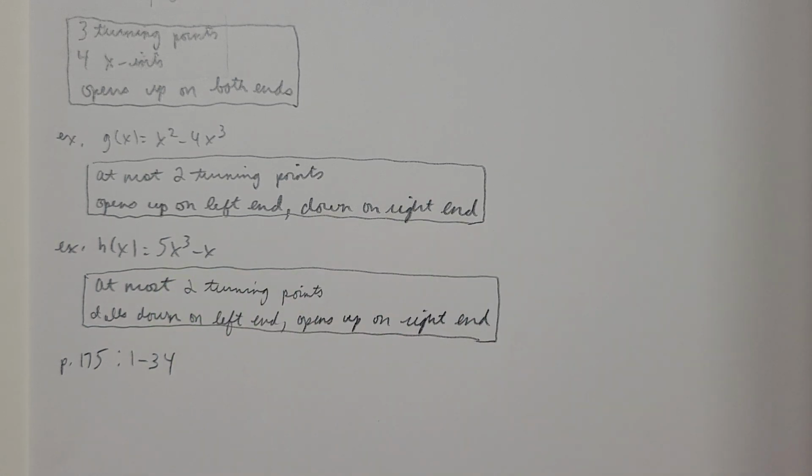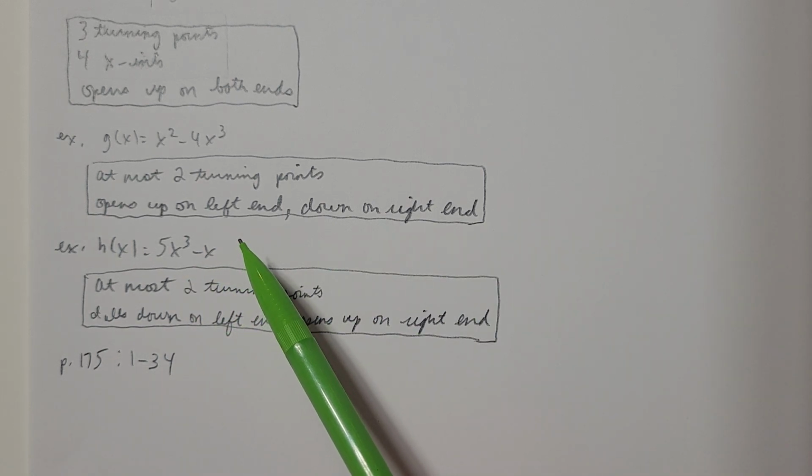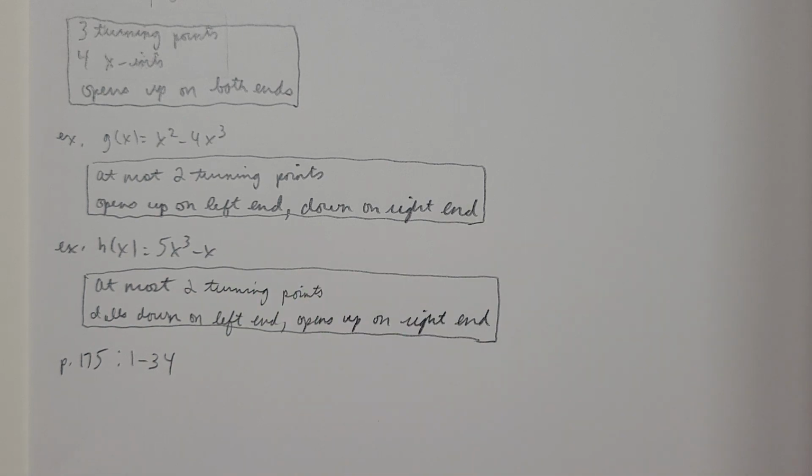Let's try this example. What if I had the function h of x equals 5x cubed minus x? How many turning points are there at most? And then what's happening on both ends? Well, I've got a degree 3 polynomial, and so there's going to be at most 2 turns on this curve.